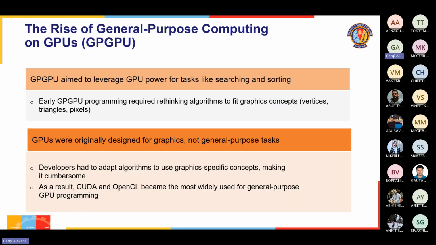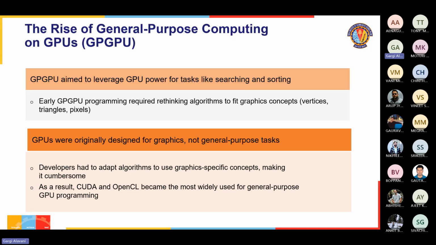So the third terminology, which is part of CUDA or GPU programming, is general purpose computing on GPUs, which is GPGPU. And what is a GPGPU? As I told you, GPUs were meant to be used as specific task processors for graphics rendering.